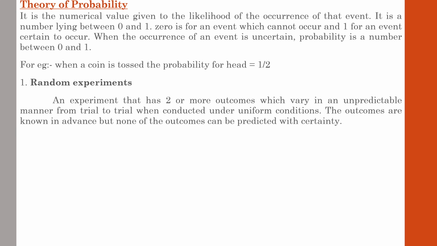If you toss a coin, we know that head or tail will come, but we don't know which one we will get. If you throw a dice, we know that we will get a number between 1 and 6, including 1 and 6, but we can't say for sure which particular number you will get. So that is the meaning of the sentence: an experiment that has two or more outcomes, but none of the outcomes can be predicted. That is the meaning of random experiment.